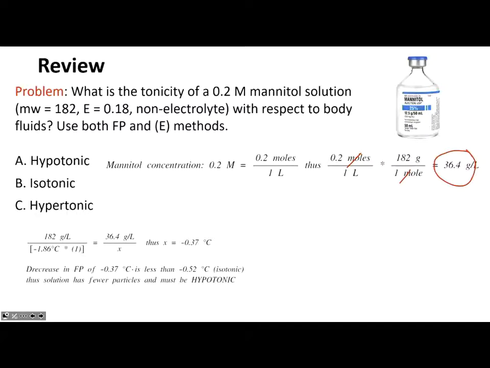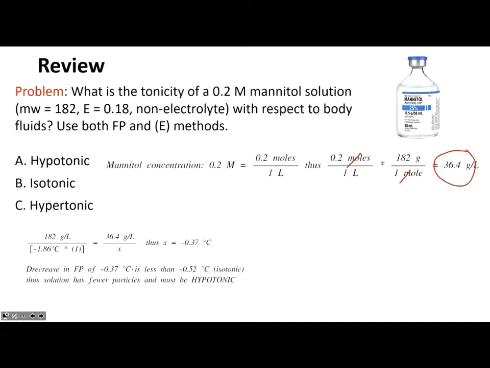So let's put 182, the molecular weight of mannitol, in grams per liter on the numerator. Set that over, it's essentially its freezing point depression, which we defined as negative 1.86 times its I, or its dissociation factor. And you remember we said for a non-electrolyte, since it doesn't fall apart, it doesn't produce multiple particles, its I value is 1. So negative 1.86 times 1. That's the proportion of, again, the concentration over the freezing point depression in general.